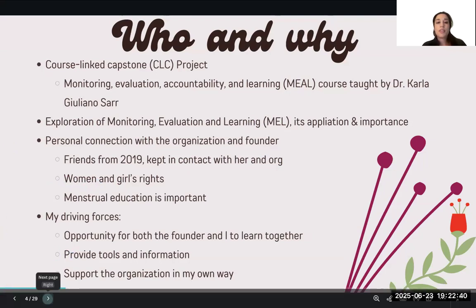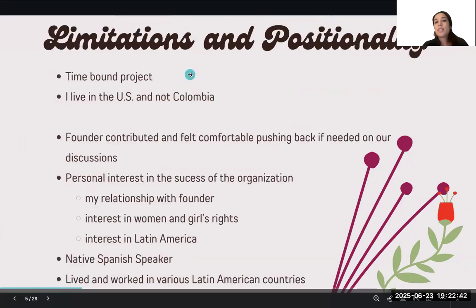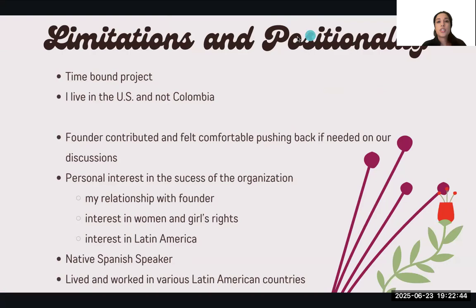Some limitations and, of course, positionality. In our master's program, we learned that everyone has positionality, everyone has bias. The point is to talk about it so that we all know where people are coming from. So that's what I'm doing here, and also sharing some limitations. Of course, this project was time bound.